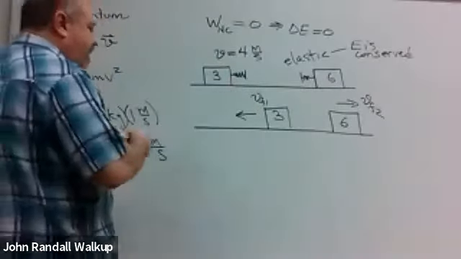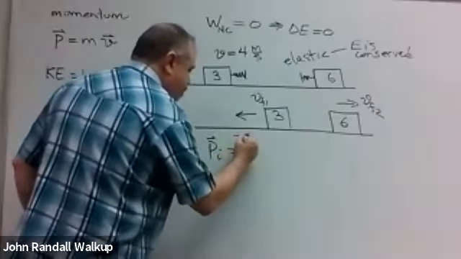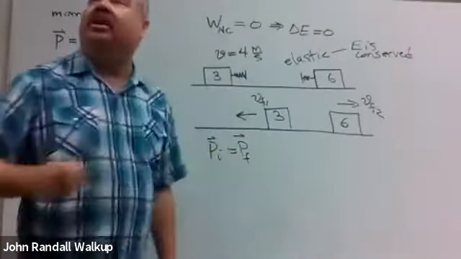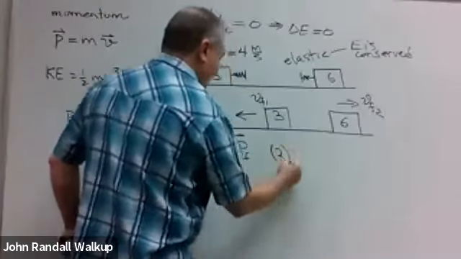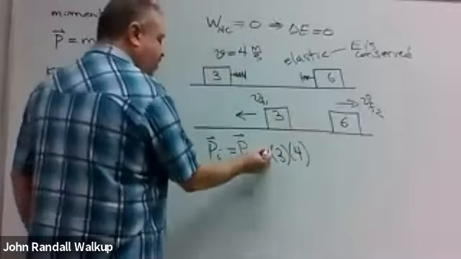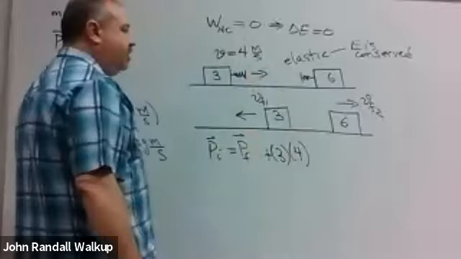So we'll set P initial equal to P final, which states that this momentum, which is 3 kilograms times 4 meters per second, is positive, it points to the right. I forgot to mention this one's going in that direction.